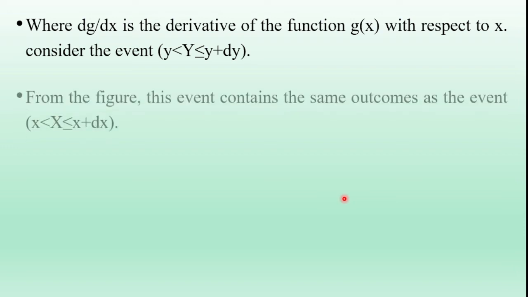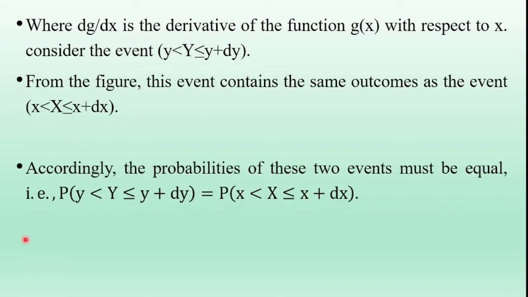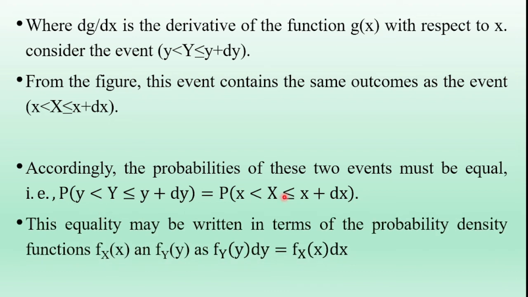That is, the probability of the event y less than Y less than or equal to y plus dy is equal to the probability of x less than X less than or equal to x plus dx. This equality may be written in terms of the probability density function. The left-hand side term is equal to fy of y into dy, and the right-hand side term is fx of x into dx.